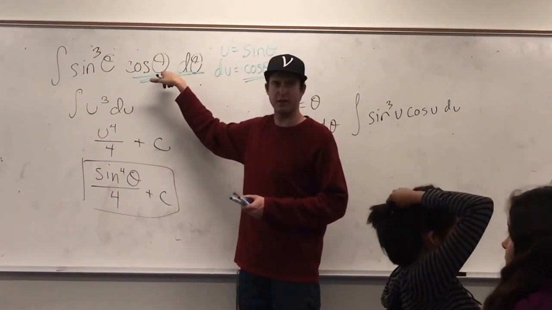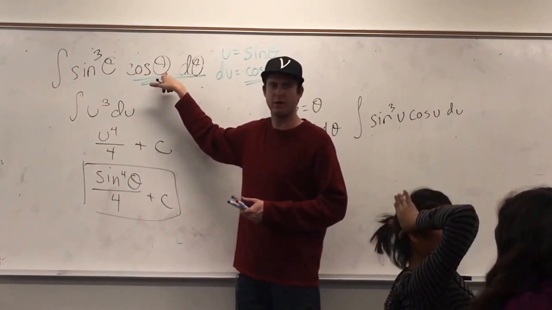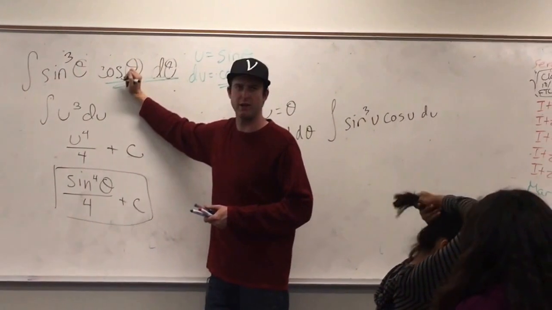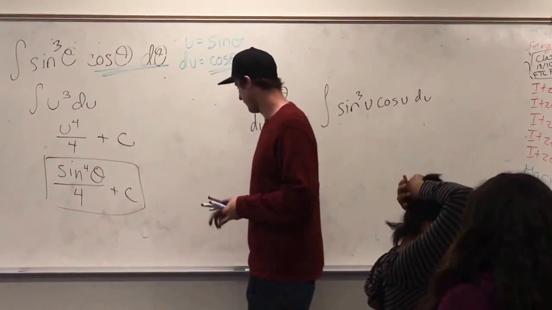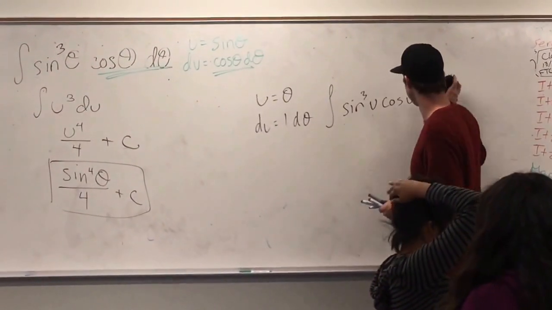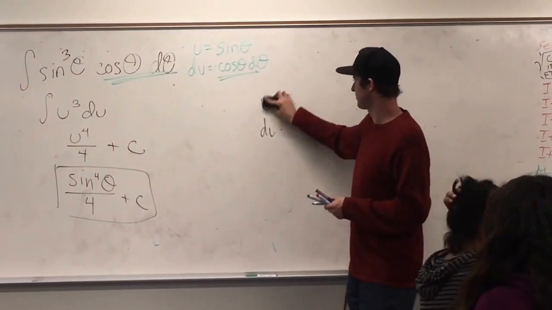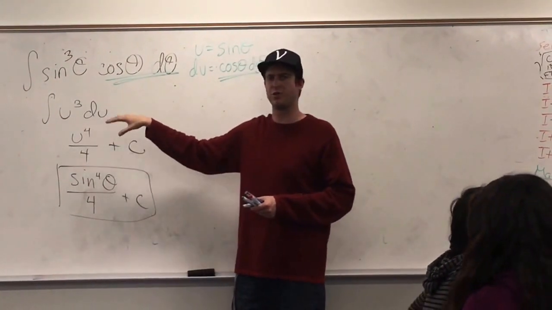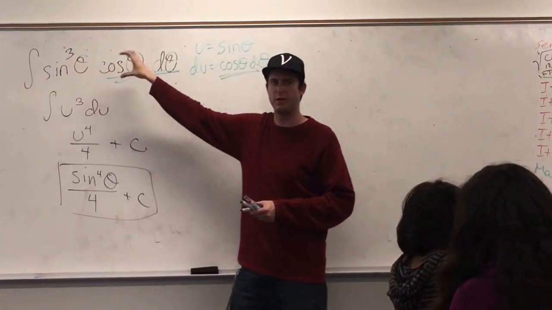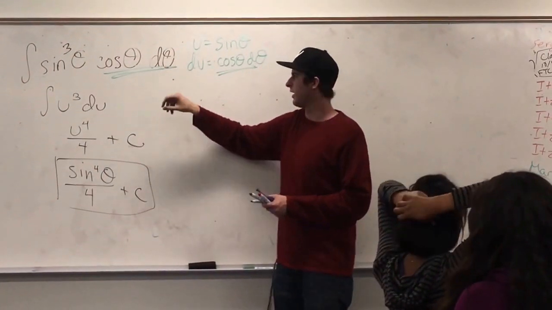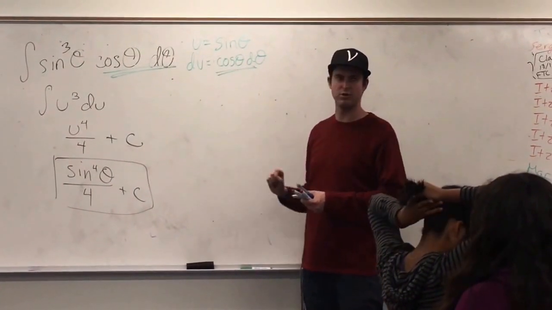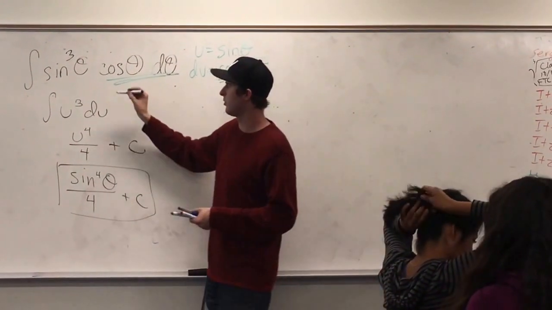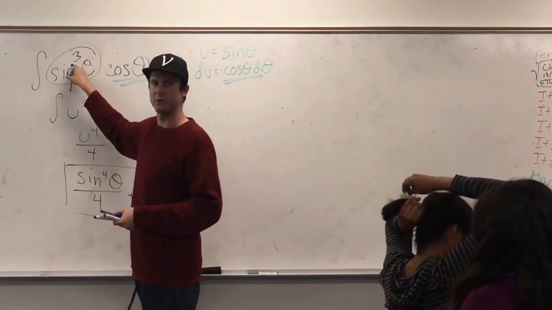If this had been a 3 theta, then maybe. But, for the most part, if it's just sine and cosine, if you see both of them, usually your u is either going to be sine or it's going to be cosine. And how did I know it's sine and not cosine? Because this one is being cubed.